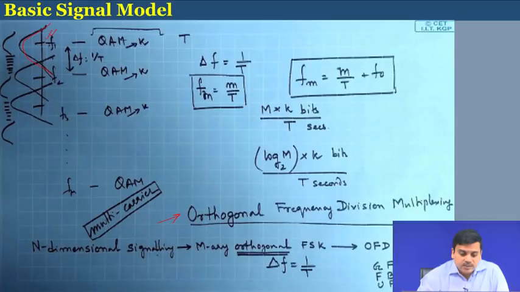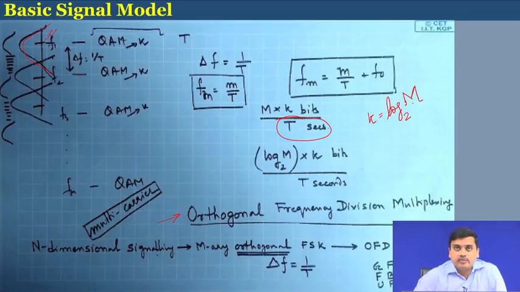So, now what we see is that at any one interval, that is the T period, earlier when we were doing FSK, we were sending k bits, which were equal to log base 2 of M, the number of carriers or subcarriers that we had.